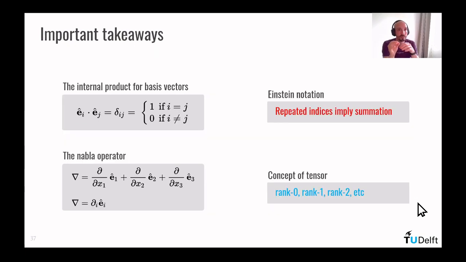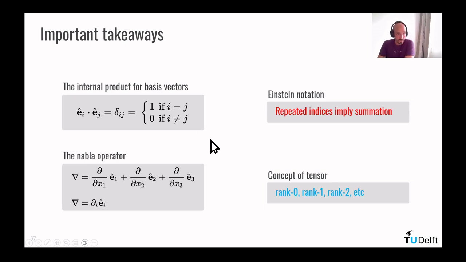Okay, so these are some important takeaways from the presentation of today. The inner product for the basis vectors. So the inner product between e hat i and e hat j is the Kronecker delta function. The Kronecker delta function of i and j will be 1 if i equals j, and will be 0 if i is different than j.